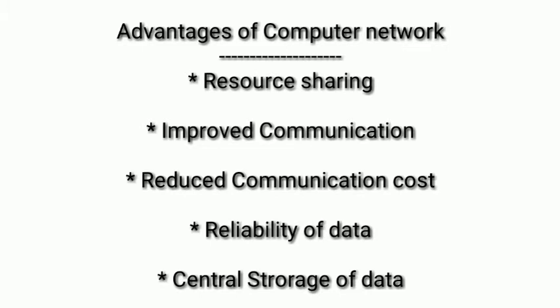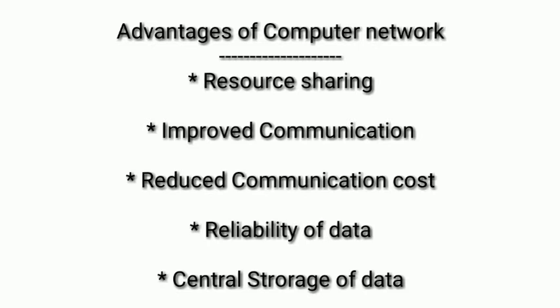Then next is improved communication. A computer network enables fast, reliable and secure communication between users. It saves time and offers easy communication methods. For example, in an organization, managers work at different locations to make financial reports.